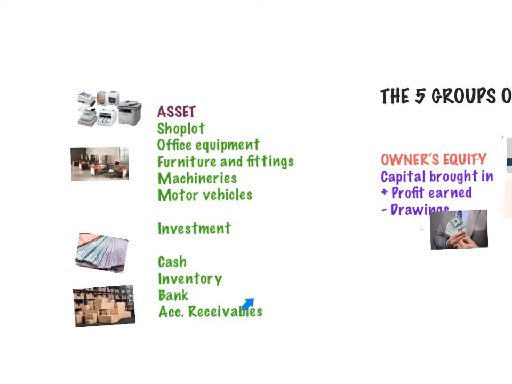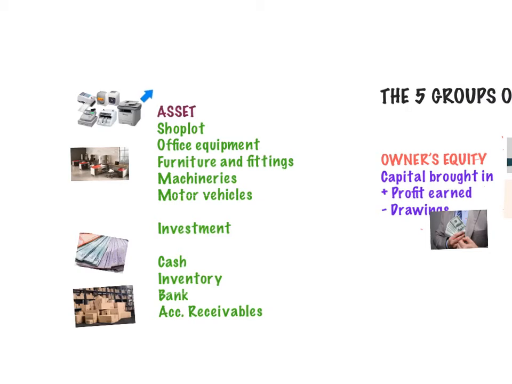Account receivables are actually the account that is created when your customer buys goods from you, but then they do not pay immediately. So you sell the goods to them on credit. So that is what we call account receivables.